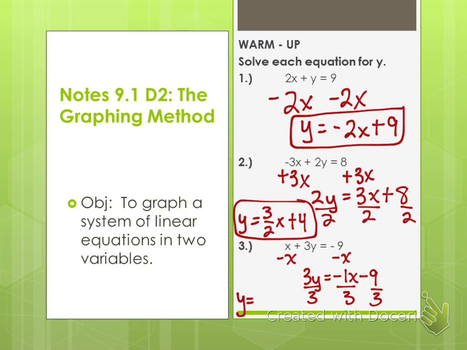Can we simplify negative 1/3? No, that does not simplify. Do not rewrite that as negative 3. It's not the same thing. 1 over 3 and 3 over 1 are very different. What about the minus 9 over 3? Ryan? Yes, what does it become? Just negative 3. So there we have y by itself.